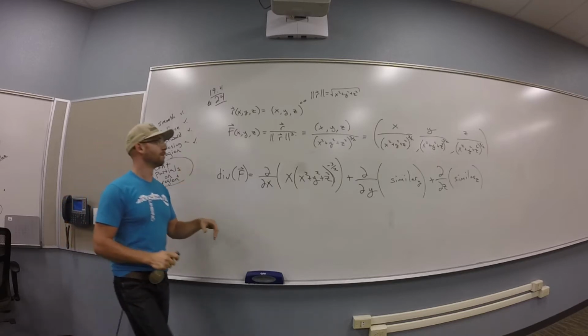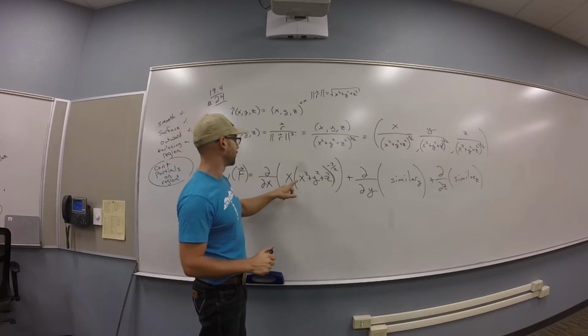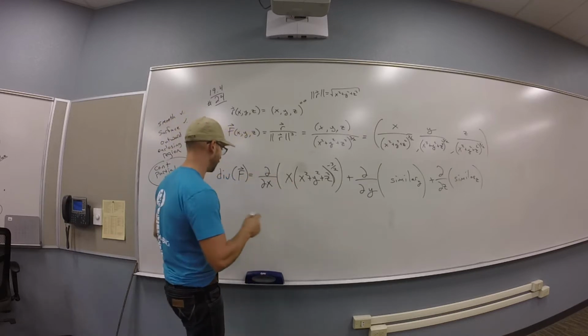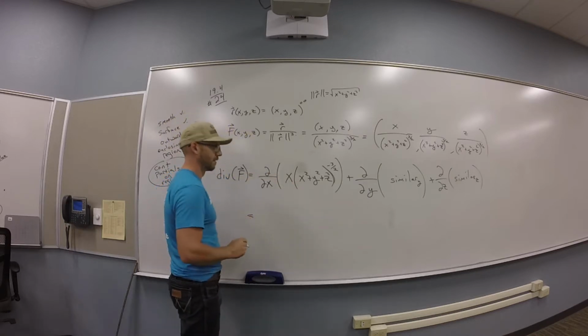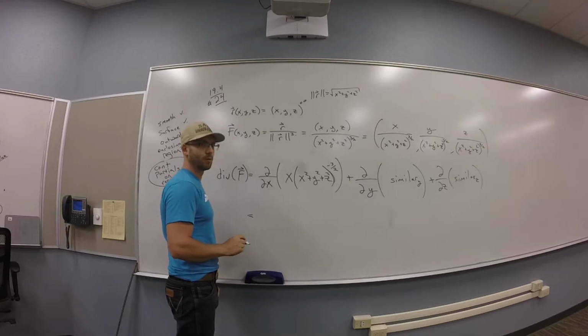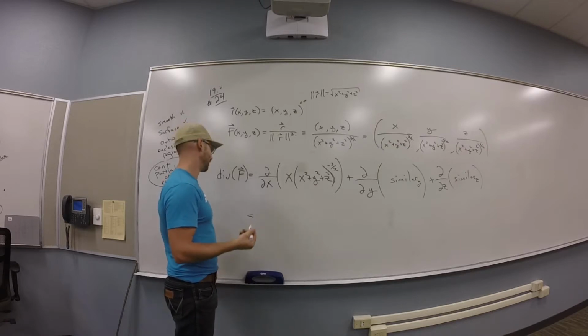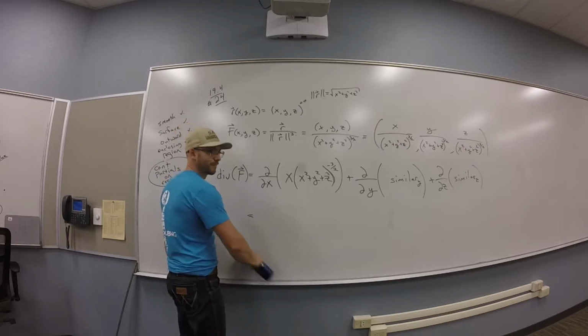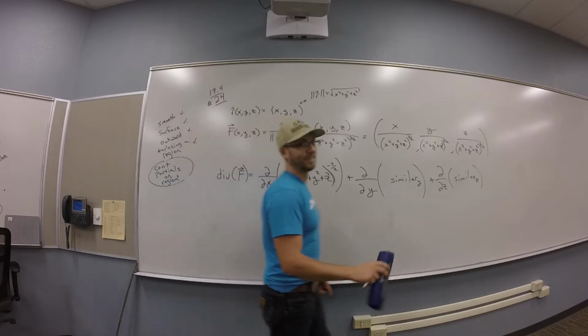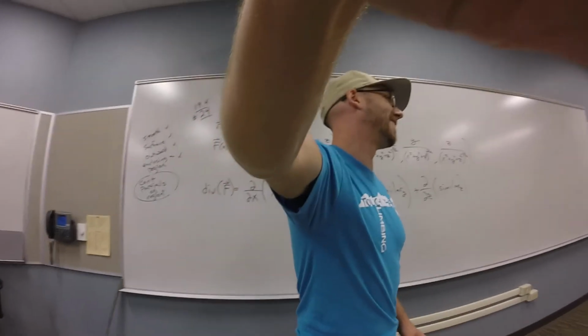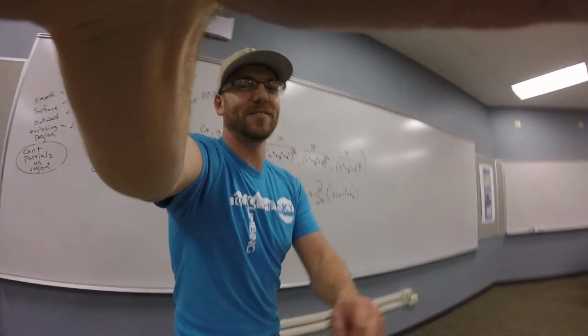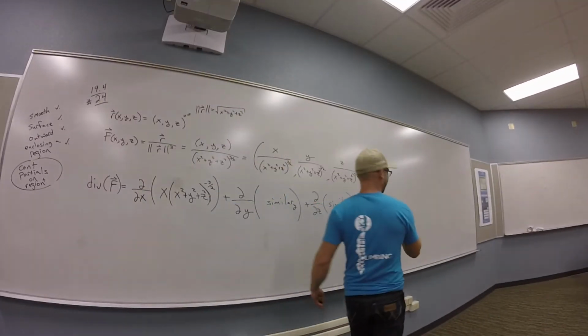Okay, so when I take the partial with respect to x of this junk, what do I get? It really would have been a lot better if you'd remembered the quotient rule, but whatever. Do you remember it? You could do it, save us some time. Look, it's not my job to save you time. It's my job to illustrate to you good mathematical techniques.